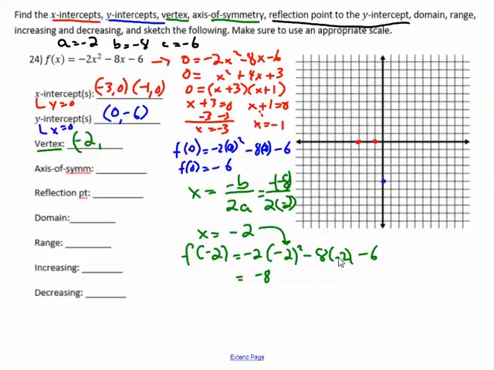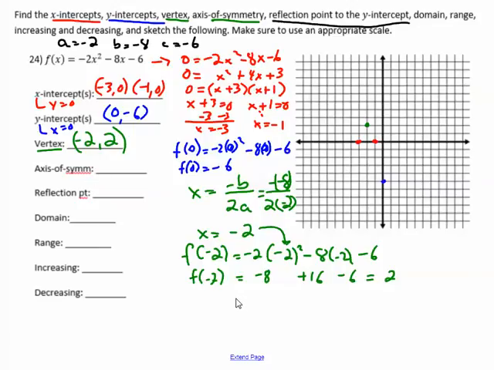Negative 8 times negative 2 is positive 16, minus 6. f of negative 2 equals negative 8 plus 16, positive 8, minus 6, positive 2. So that is my y component of my vertex. Negative 2, positive 2. So here's my vertex, negative 2, positive 2. There's my vertex right there, and sure enough, it is looking like a frowny face.